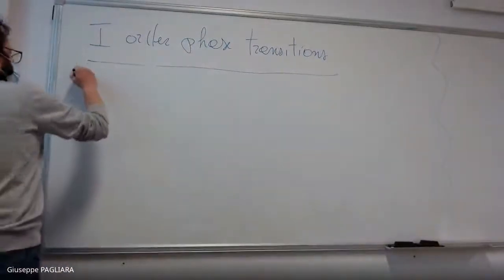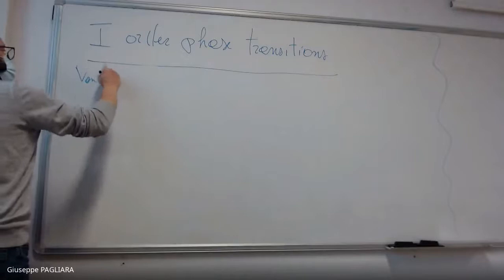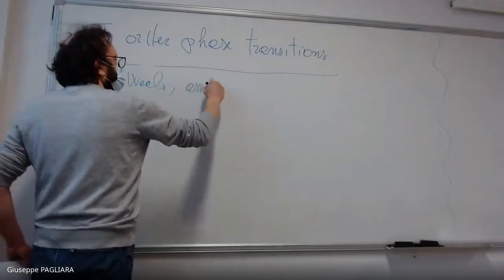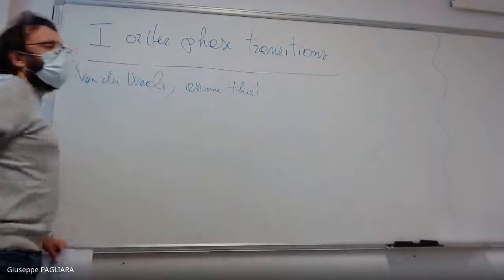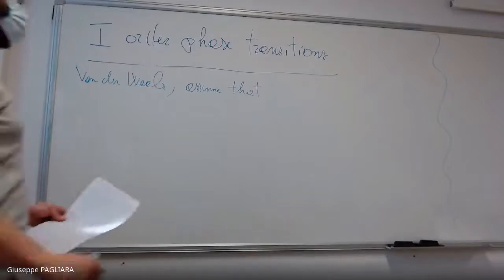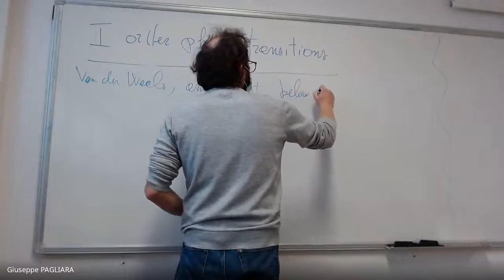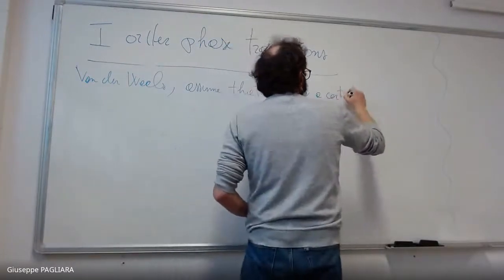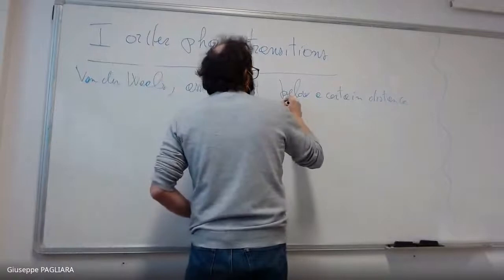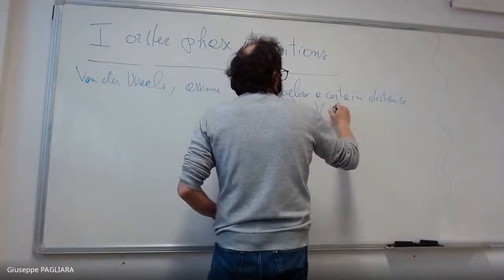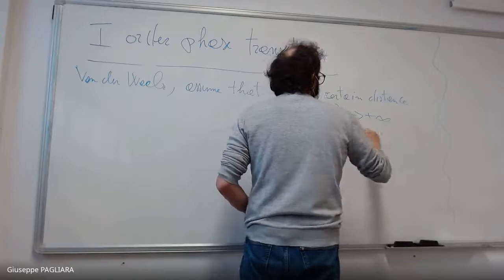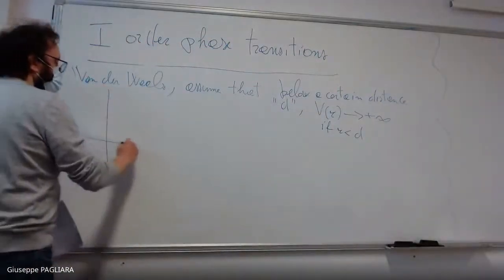In the van der Waals gas, one assumes that the potential is so repulsive at small distances that below a certain distance, let's call it D, the potential V of R goes to infinity if R is smaller than D. So we have basically something like that.